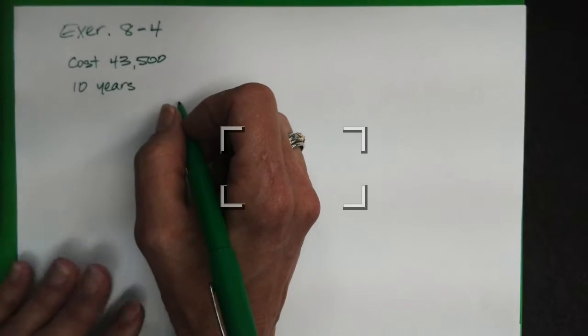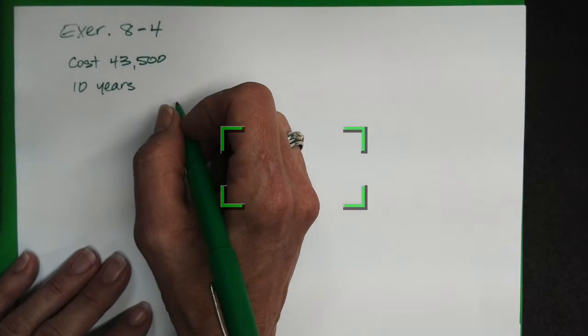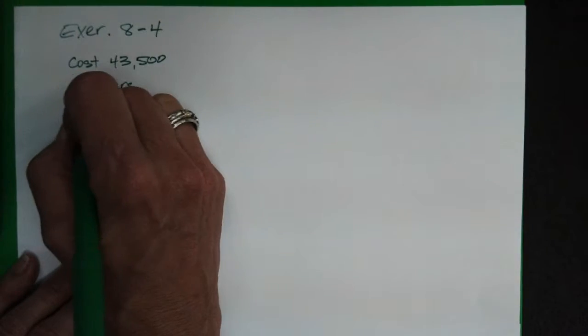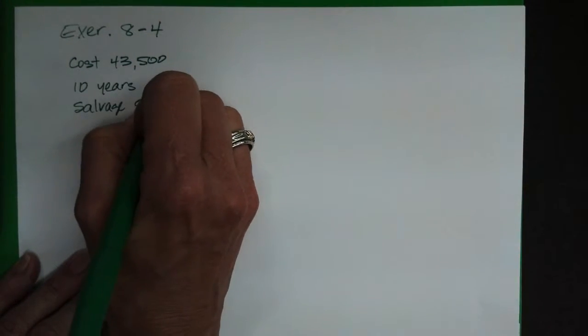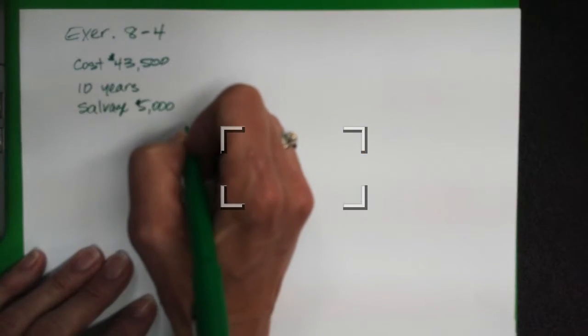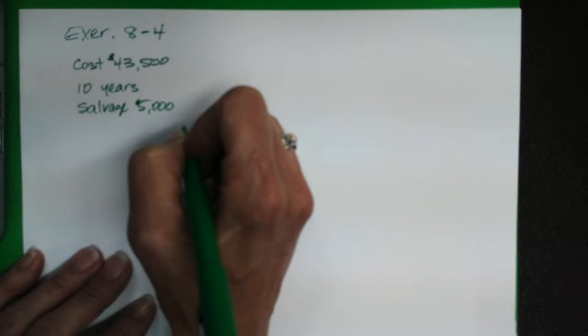I'm just working on straight line right now. With a $5,000 salvage value. Okay, 10-year life. Determine the machine's second year depreciation under the straight line method.